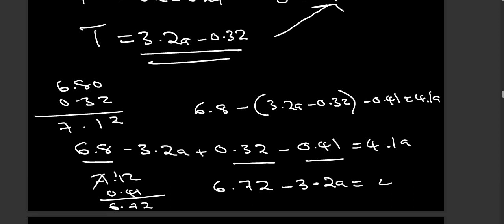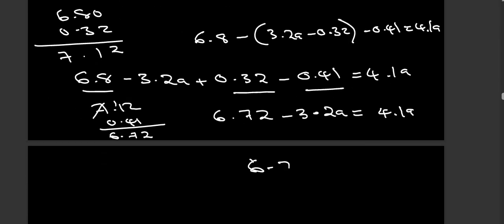So 6.71 minus 3.2A is equal to 4.1A. Then here we just have 6.71. Take this on the other side, it will give you 7.3A. Then we divide both sides by this.